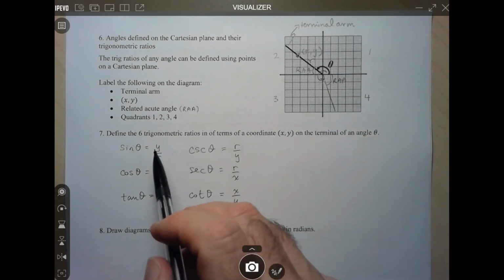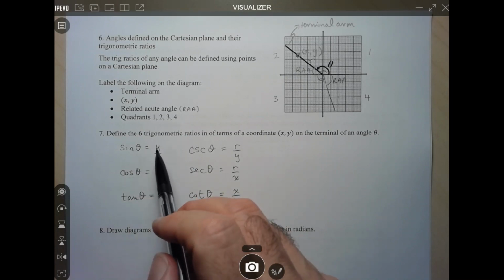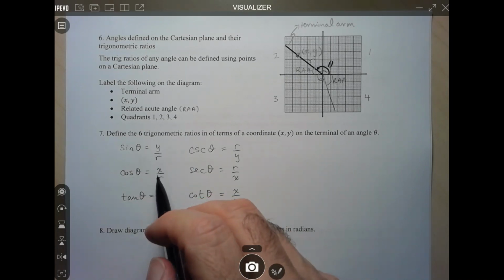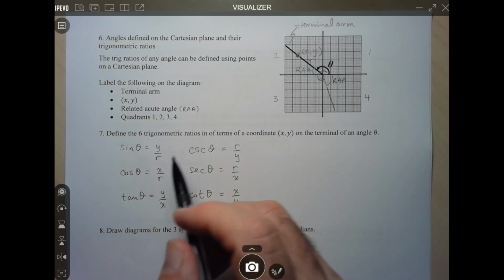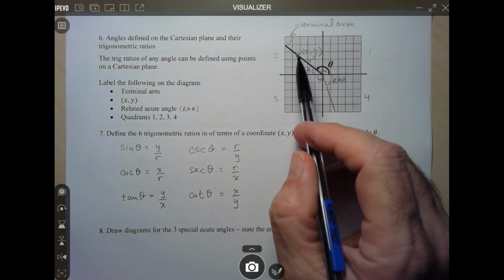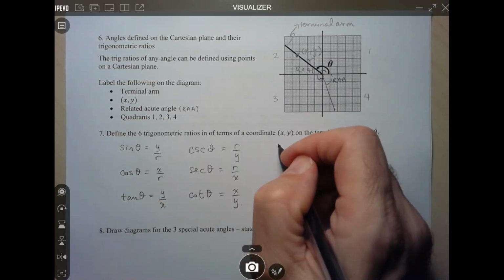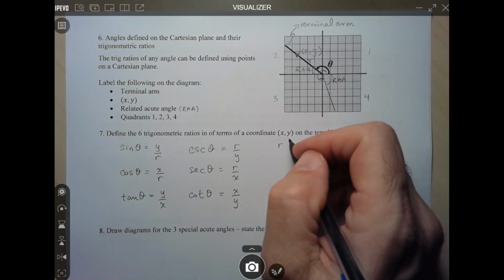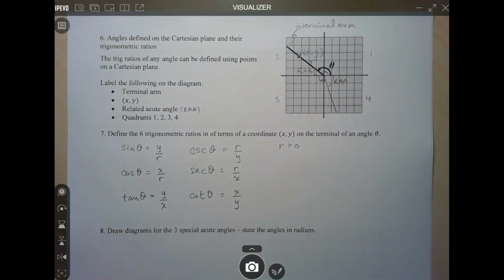If I am defining the sine ratio as y over r, cosine is x over r. Well, remember how we define this r value. It's the distance between 0, 0 and the point on the terminal arm. So that means r is always a positive number.